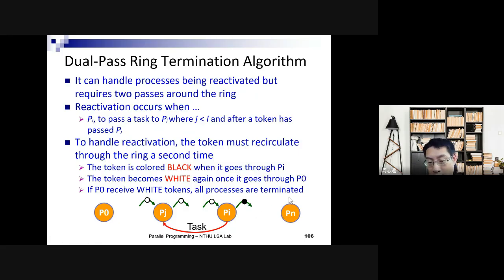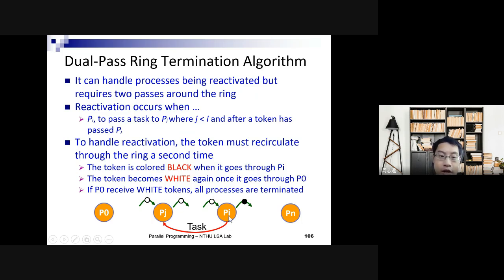If it's a forward message, whatever the receiver is, he also hasn't received the token yet, so it will not invalidate the token. Whether he reactivates or not doesn't matter, because that receiver hasn't reported his termination condition yet. So forward doesn't matter, but backward matters, because a backward message may trigger a process that already reported it is terminated. That violates the assumption, so we have to invalidate the token.